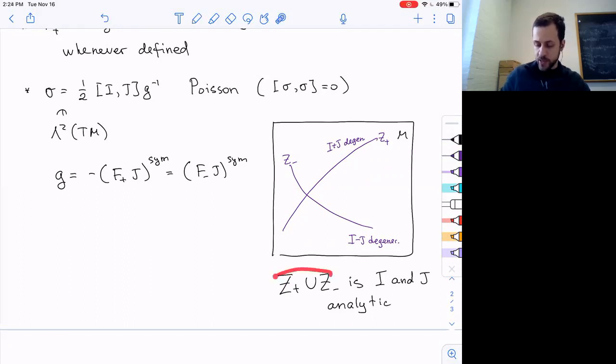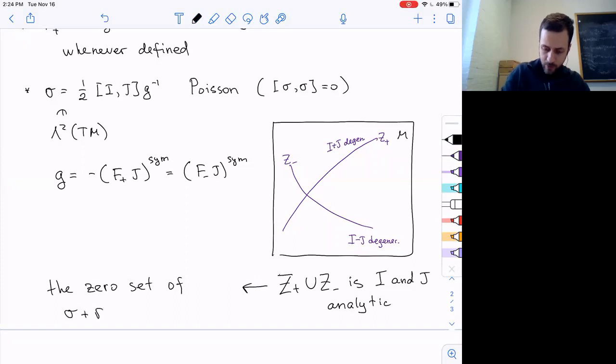So it's an analytic subvariety of M with complex structure I, and it's an analytic subvariety of M with complex structure J. The reason for this is that it is actually the zero set of sigma plus square root of minus 1 I sigma, which happens to be a holomorphic, I holomorphic, Poisson tensor.